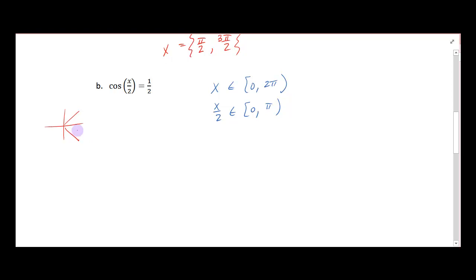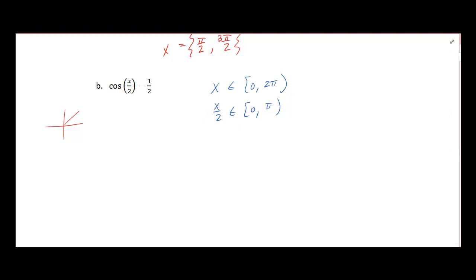But just a minute, if I take the cosine of my half angle, I have to stay on the interval between 0 and pi. So this angle down here doesn't count. I'm going to ignore that angle for right now because it is not on this interval between 0 and pi.